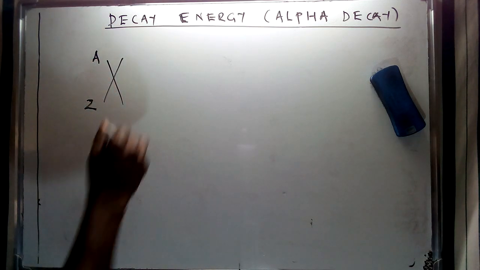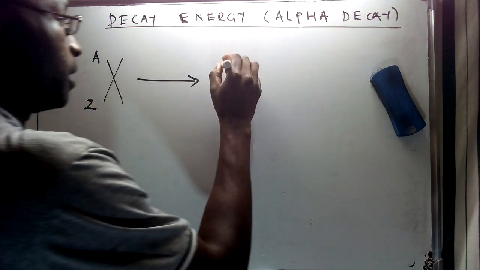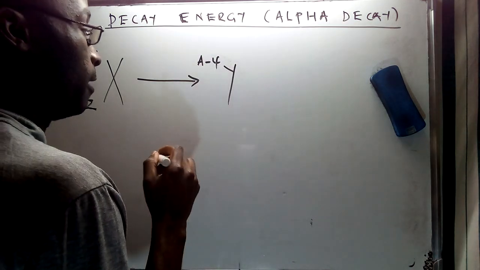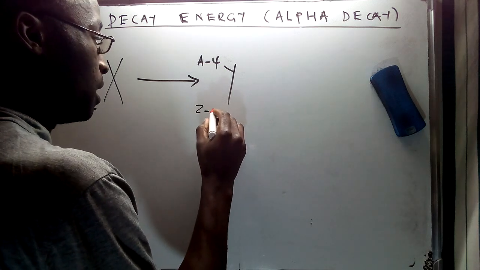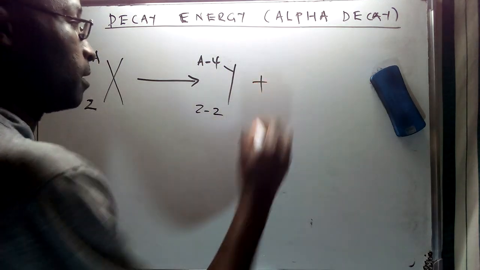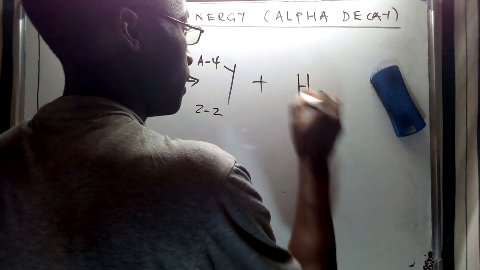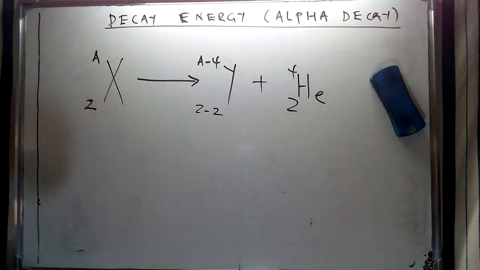This process involves a transformation whereby the mass number reduces by 4 for the alpha particle, and the atomic number reduces by 2. This results in the formation of an alpha particle represented as the helium nucleus.